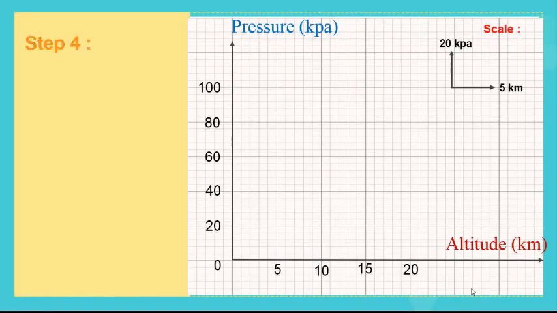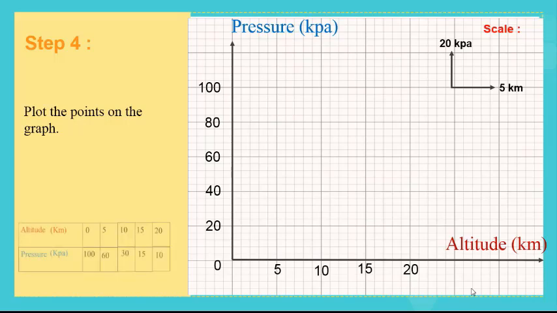Step 4. Plot the points on the graph. In general, to place the points correctly, draw a dotted vertical straight line from the value of independent variable and a dotted horizontal straight line from the value of dependent variable. The point is the intersection of the two traced straight lines.